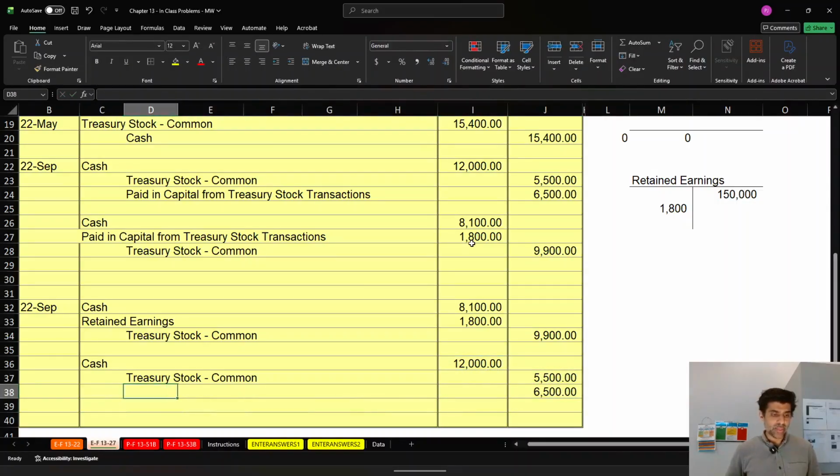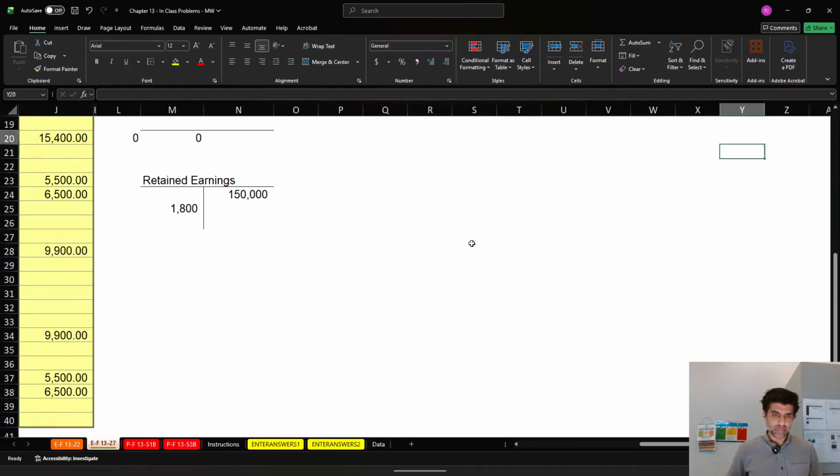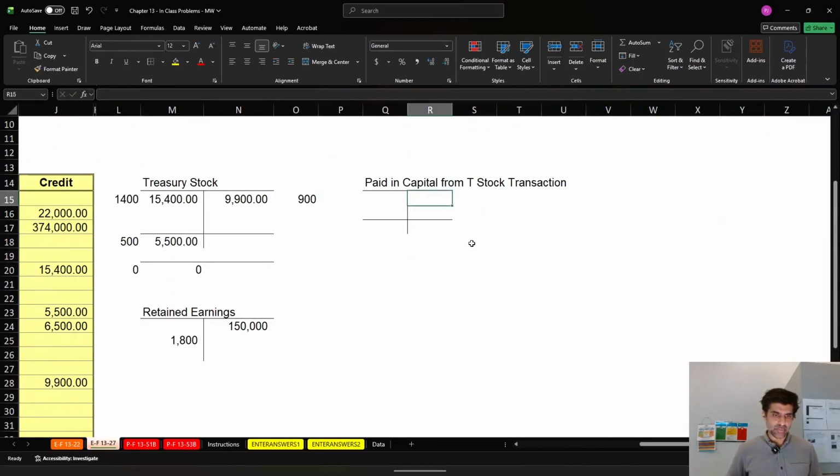Okay, so now this we would put in paid in capital from treasury stock transaction. Okay. So in that case, this is going to go to 0. So we end up with 0 shares, as we should. And this is 6,500. Okay.